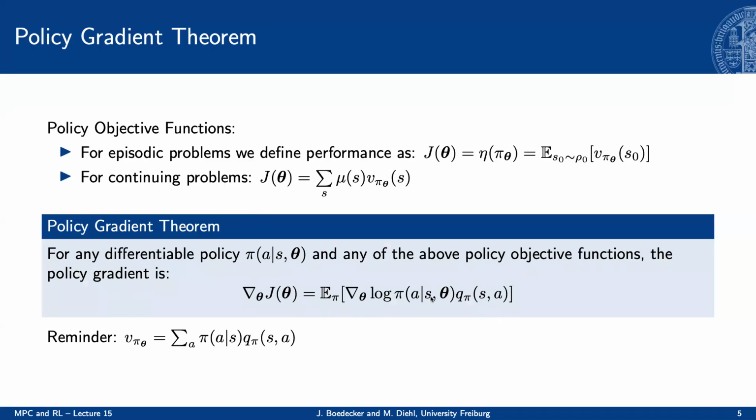Here you see already in this gradient, there's a gradient of our policy and the gradient of Q. And in our objectives, we had V basically here, but these are related, if you remember, by just taking the expectation with respect to the policy of these Q values. So it should be clear that both a gradient of the policy is important, as well as a gradient of Q, because the Q values will also depend on our policy, because the actions come from the policy.